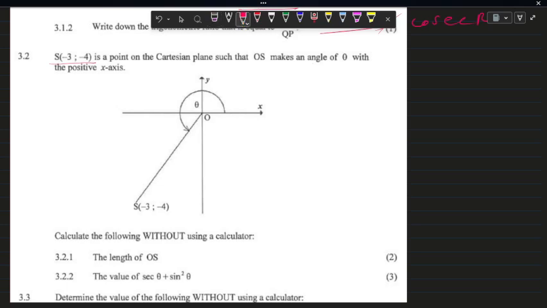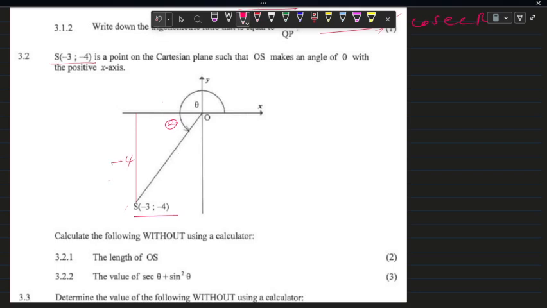Before we look at the questions, we complete the triangle, because we will need this diagram to work on the questions. We take the reference angle theta, put it inside our diagram like this, and use the coordinates of S to represent the lengths of the sides.